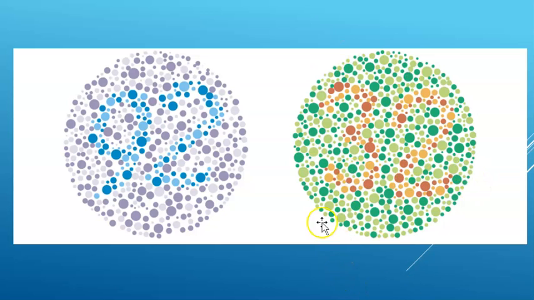And if they're missing the green cone, they're going to process all of this surrounding as more of a reddish color. The dots in the picture are equal brightness, and the color is the only available cue for perceiving the numbers. So everything else is the same except for the hue.